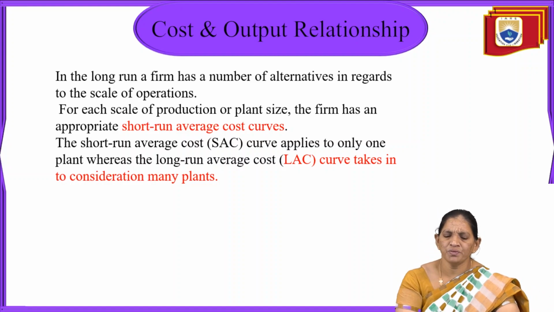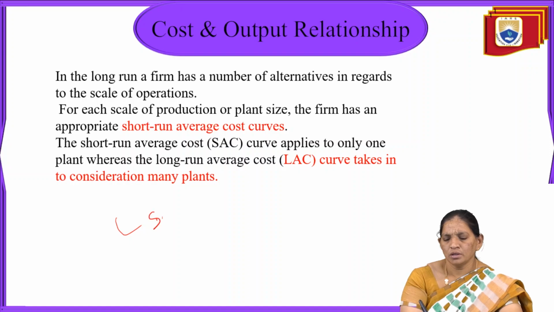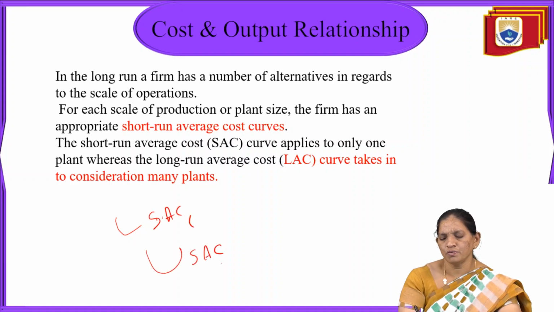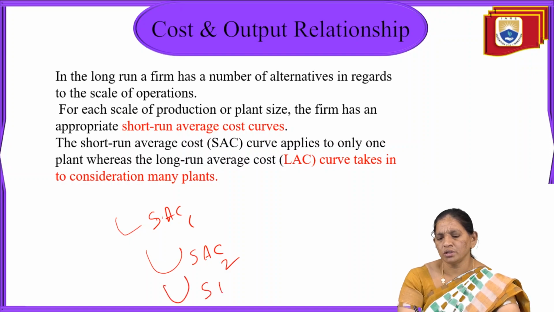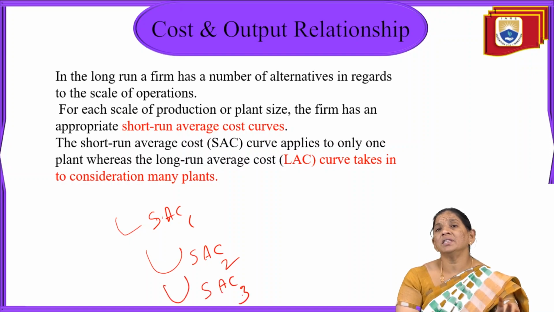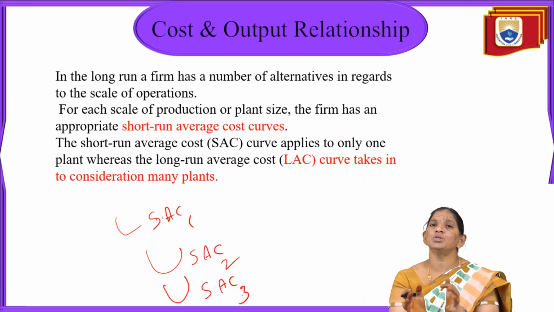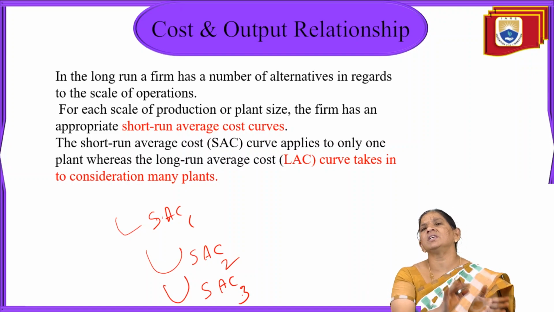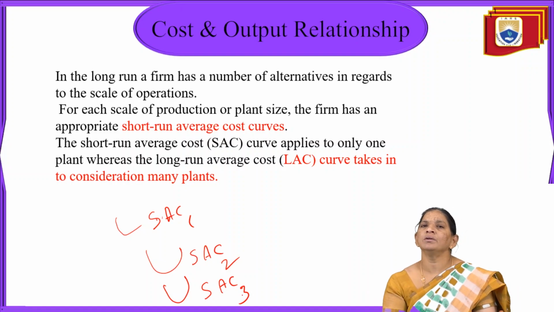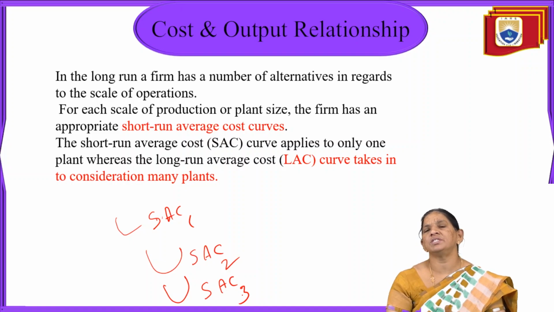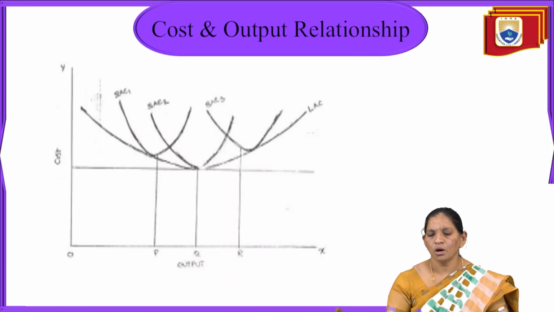Maybe the first year's cost curve we call short run cost curve 1, the second year short run cost curve 2, the third year short run cost curve 3. By addition of all these short run cost curves, we can get a long run cost curve when we want to see cost and output in the long run.